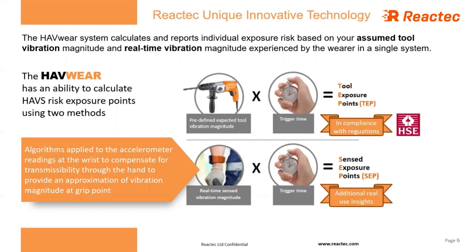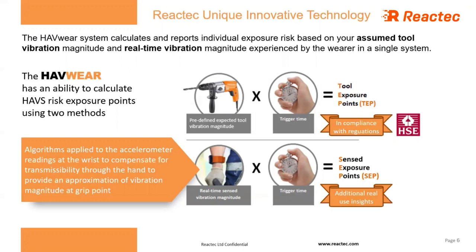At the same time, in the background, based on triaxial accelerometers within the device, we measure a vibration magnitude at the wrist and then use compensation algorithms to give an approximation for the vibration magnitude at the grip point of the tool.